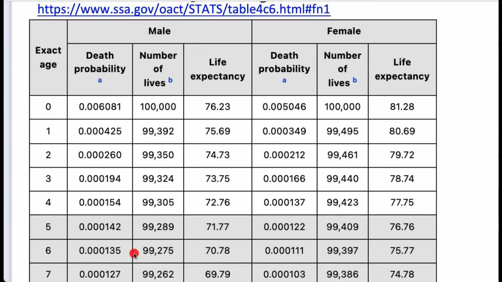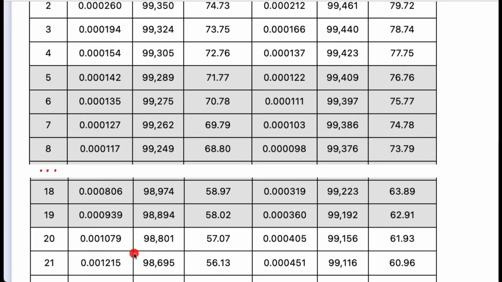So for example, if we scroll down here and look at 18-year-olds, we see that out of 100,000, 98,974 are expected to survive up to that age. So in other words, if you are born today, the chance of surviving up to 18 years is about 98.9%.